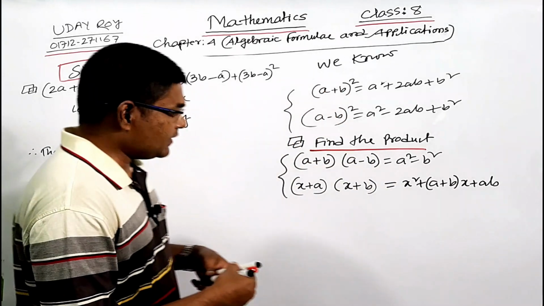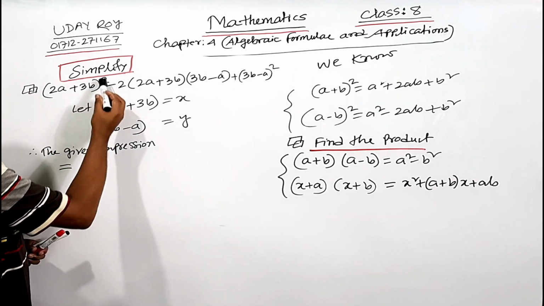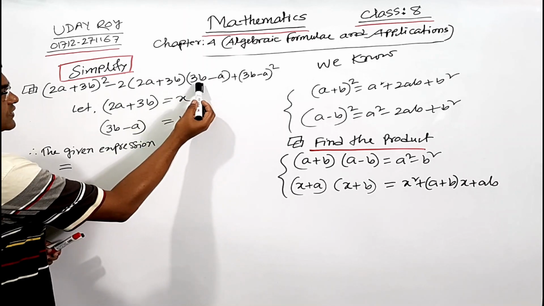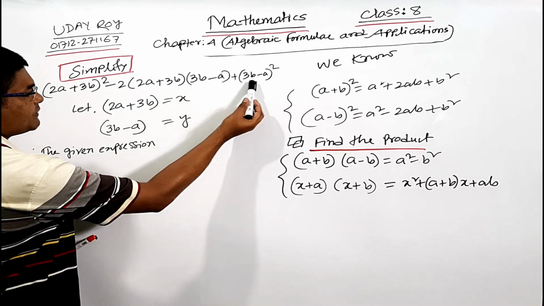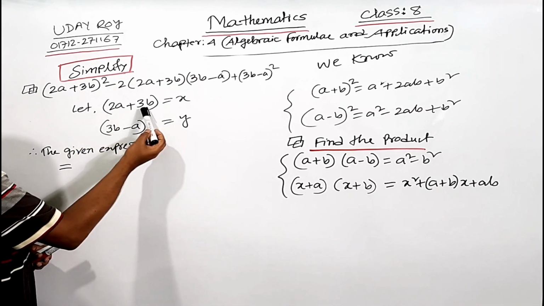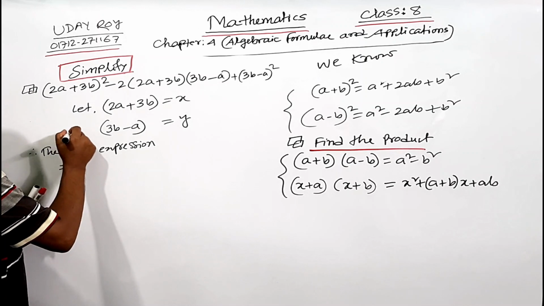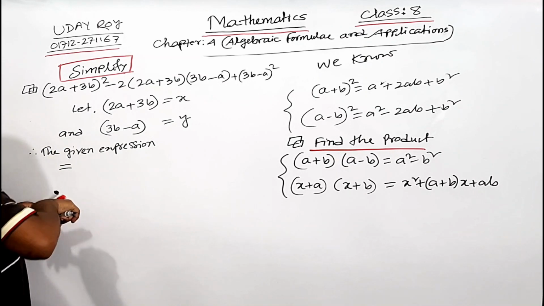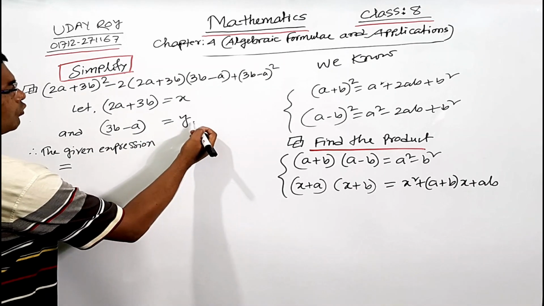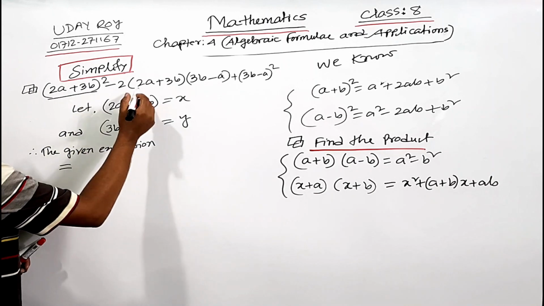Now you can see here is (2a plus 3b) whole square minus 2 into (2a plus 3b) into (3b minus a) plus (3b minus a) whole square. Let 2a plus 3b equal x and 3b minus a equal y.